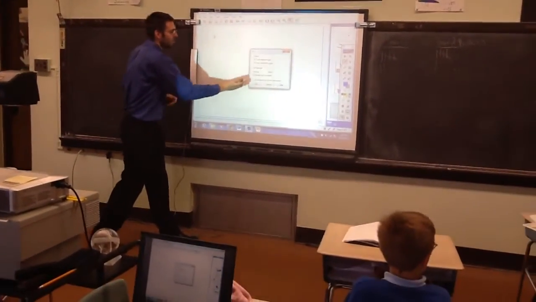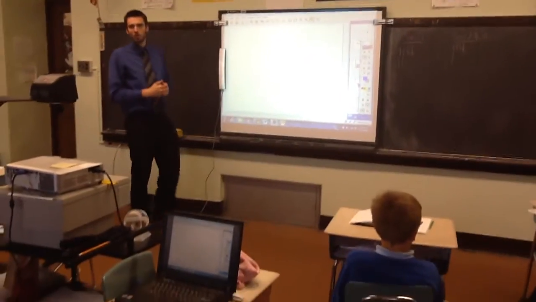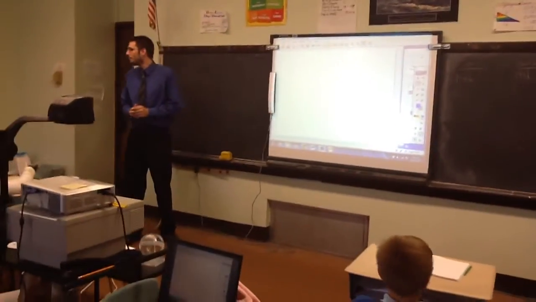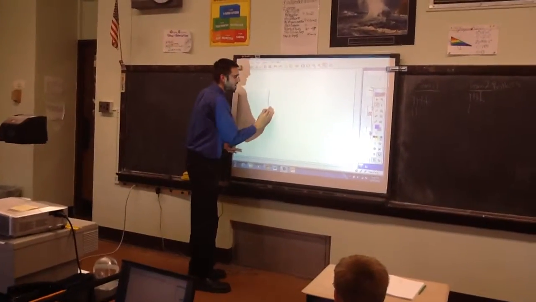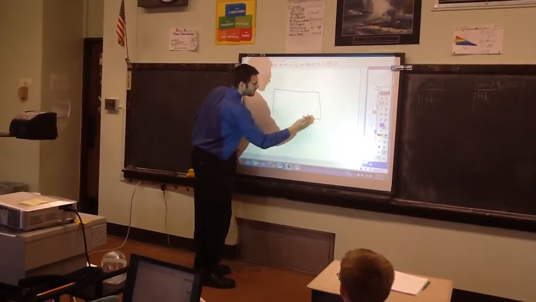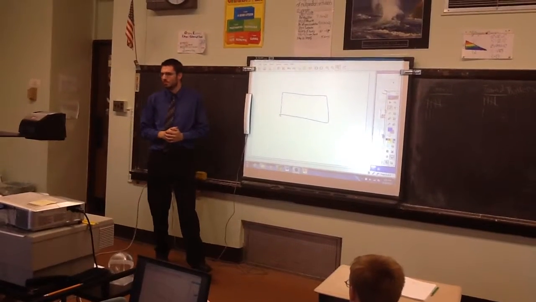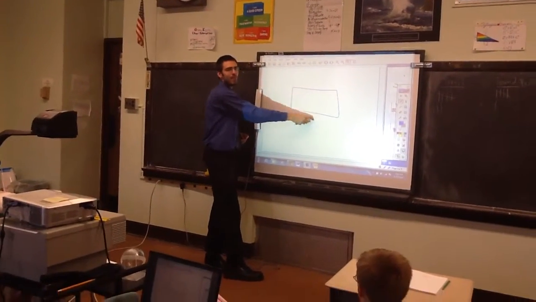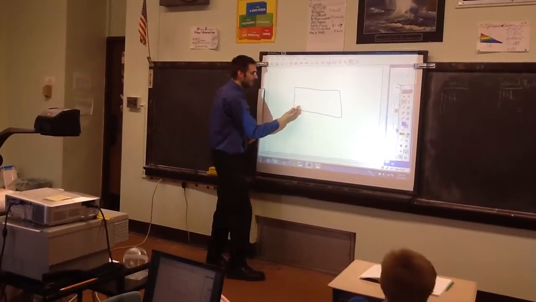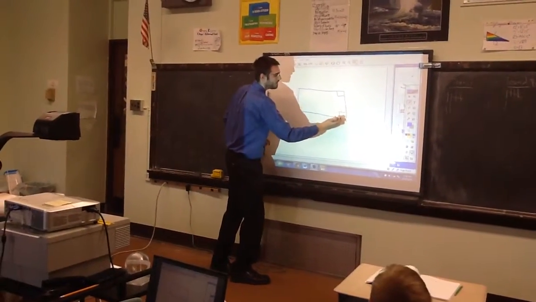Now we're going to take a look at what it looks like without the coordinate plane. Okay? Obviously, it's still going to be basically the same, but it's going to be slightly different. So here is my rectangle. I know it's a rectangle because, first of all, opposite sides are the same. Opposite sides are parallel, and I have right angles. Okay?